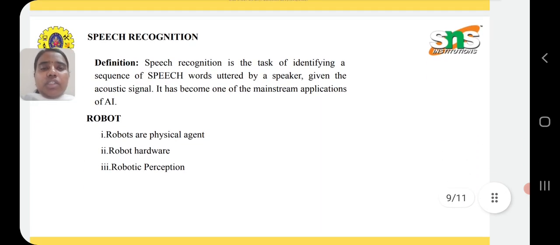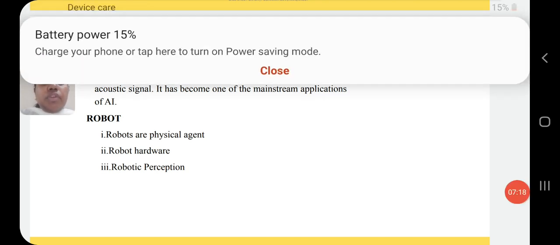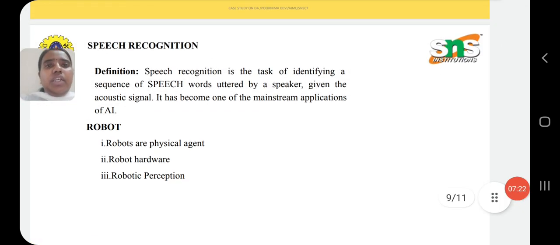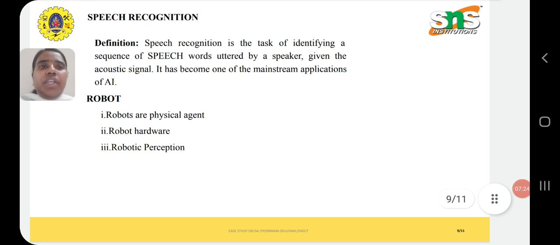Speech recognition is a task of identifying a sequence of words uttered by a speaker, given the acoustic signal. It has become one of the mainstream applications of AI.